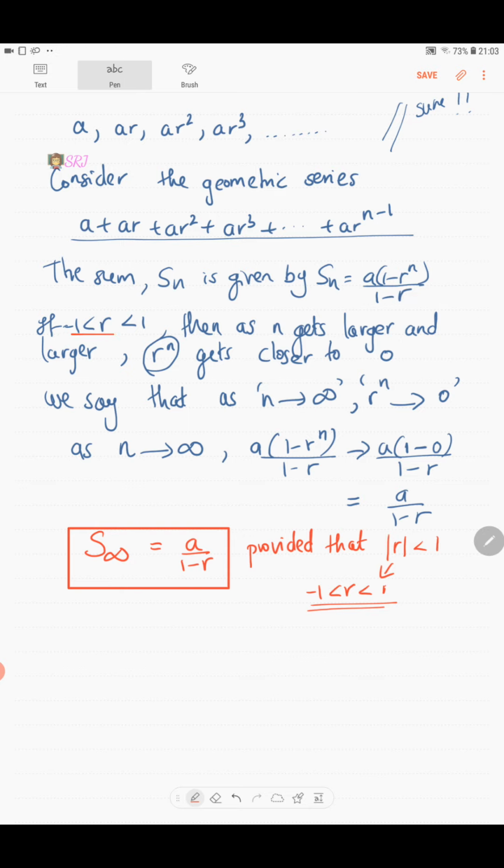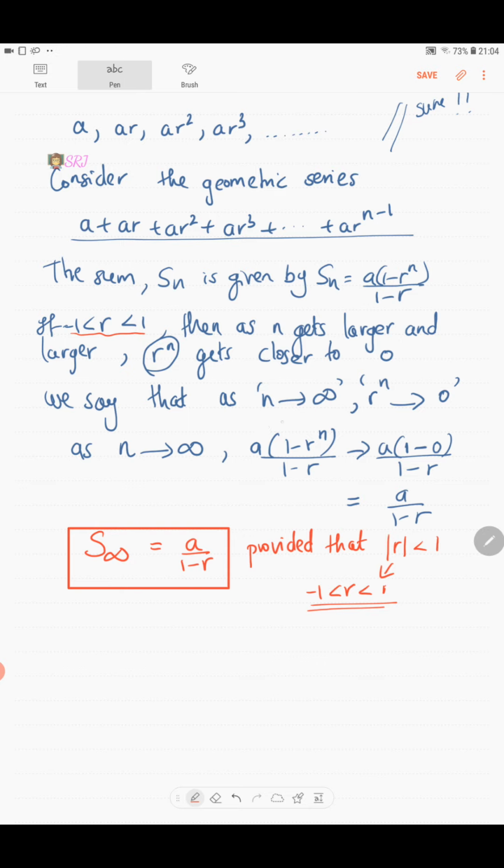Now, if r lies between minus 1 and 1, and n is getting larger because it is an infinite series, we will see that r power n will get closer to 0. Suppose we have half power 10. This will tend to 0. Half power 20 becomes closer to 0.